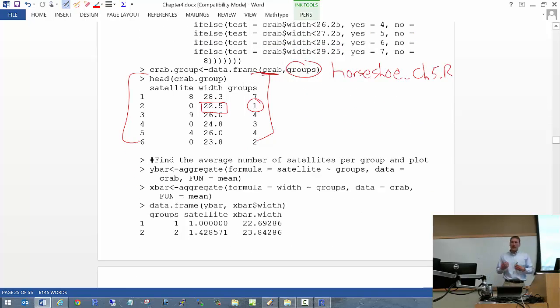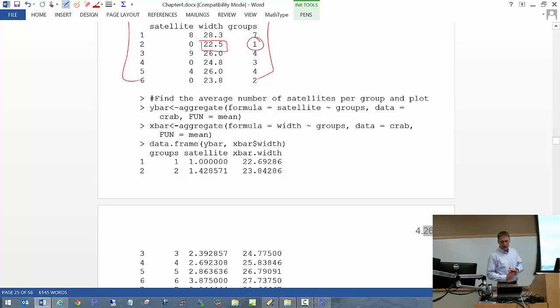Okay, so now that I have my data in groups, what I would like to do is for each group, find what would be the group width mean, and also find the group satellite mean as well. And I'm going to use that to my advantage to try to evaluate the fit of my model graphically. So how can I find these group means? Well, this is where we go back to something from chapter 2 once again.